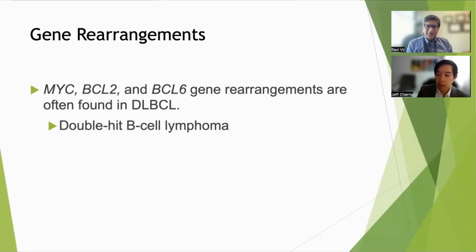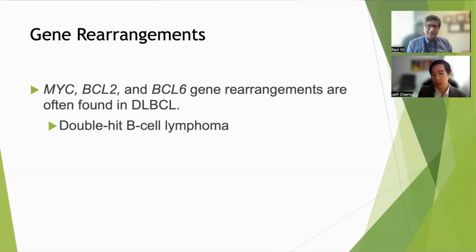And this is of importance because there's a small subset, 5 to 10% by some estimates, of patients with what we call double hit lymphoma. This has been redefined somewhat recently in the new classification, but classically, what this has meant is a rearrangement in MYC and BCL2 or BCL6.